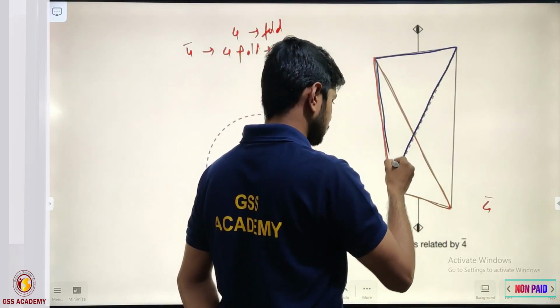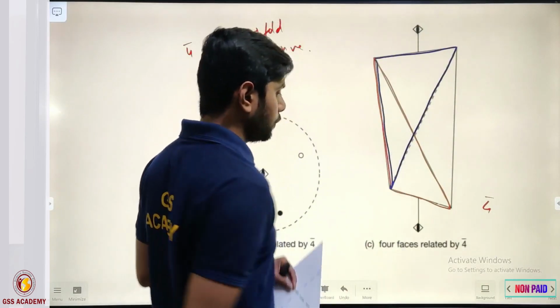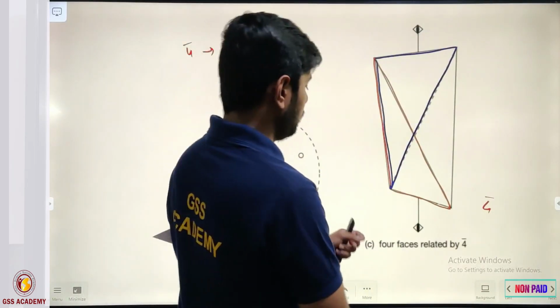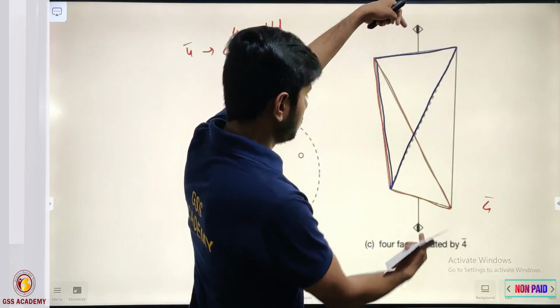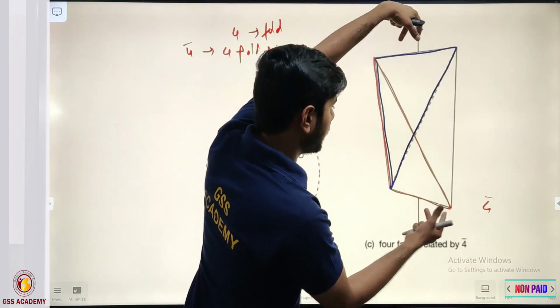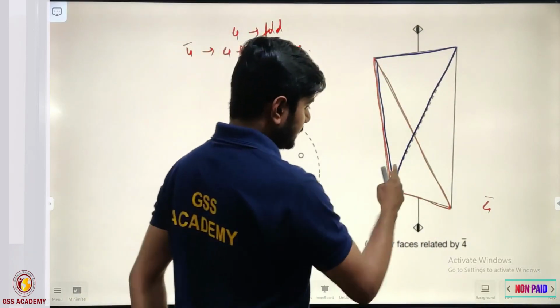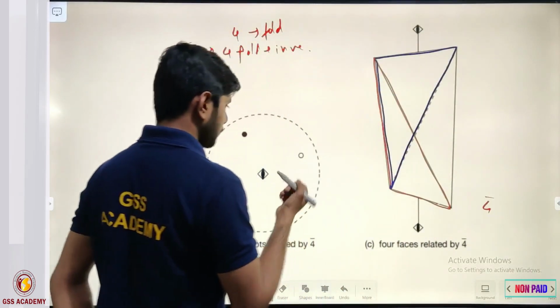So we have this crystal. If we rotate the crystal along this axis, that is the C axis, in this direction, we will get this face in front of us. Are these two faces similar?